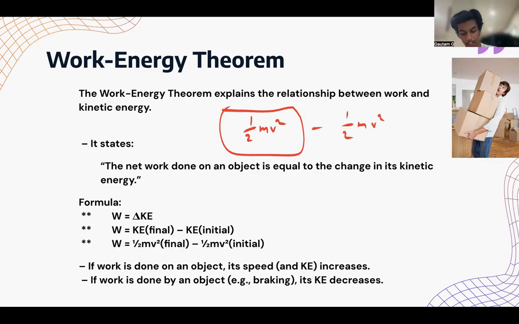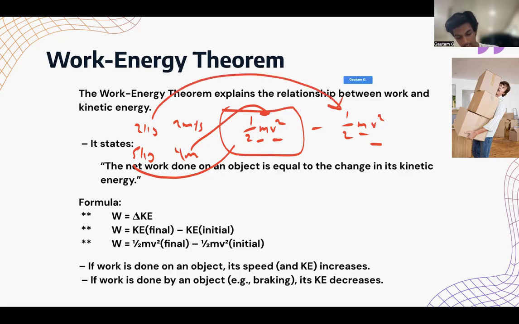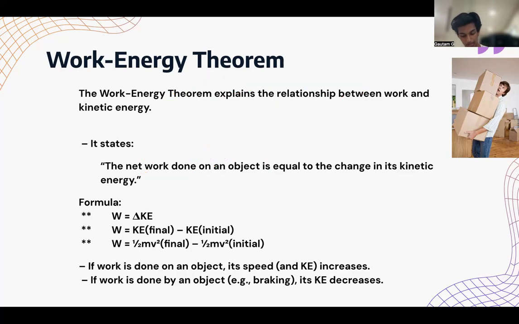The velocity could be different, and the mass could be different for both scenarios. Let's say a box with 2 kilograms goes 2 meters per second, but then it suddenly increases to 5 kilograms of mass and goes 4 meters per second. Then you would input these here and these here, and the difference equals the work done. Does that make sense to you guys?